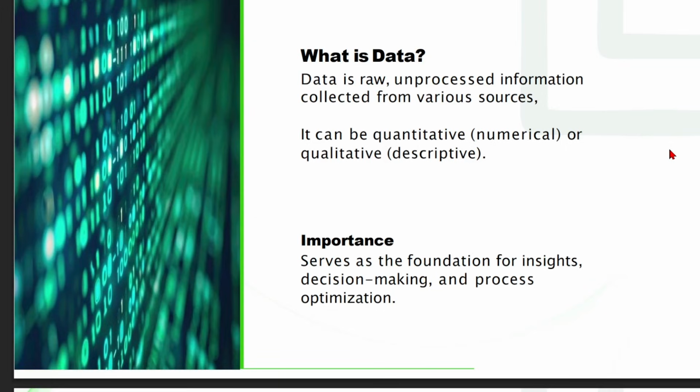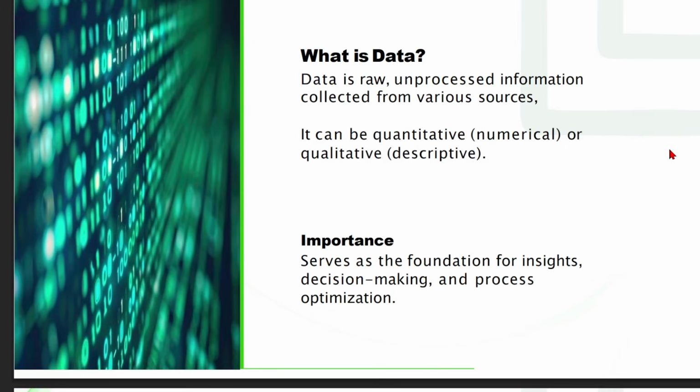The important thing is that it serves as the foundation for insight, for decision making and process optimization. When you base your decision on data, then you are sure to make the right decision. This has been proven.